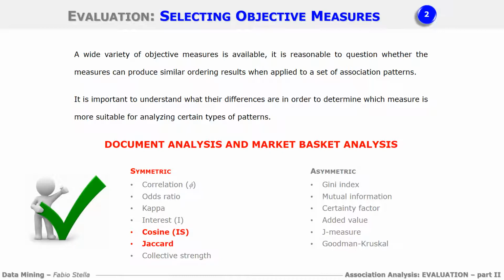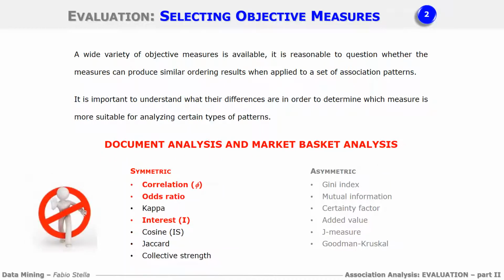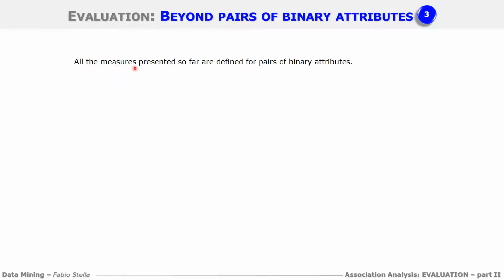Furthermore, the literature shows that symmetric measures such as cosine, the IS measure, and Jaccard are particularly used for document analysis and market basket analysis. By contrast, the following symmetric measures, correlation, odds ratio, and interest, must not be used for document analysis and market basket analysis.